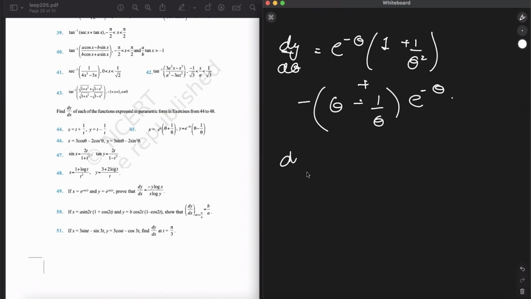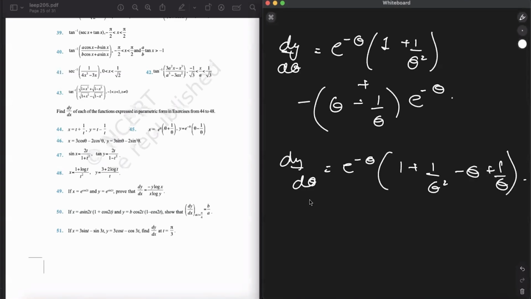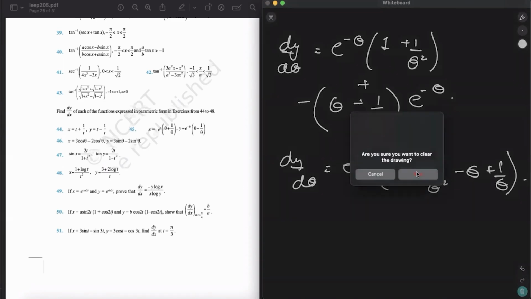So dy by d theta will come out to be e^(minus theta) times 1 plus 1 upon theta square minus theta plus 1 upon theta. This is your dy by d theta. And I'll just divide both of them.